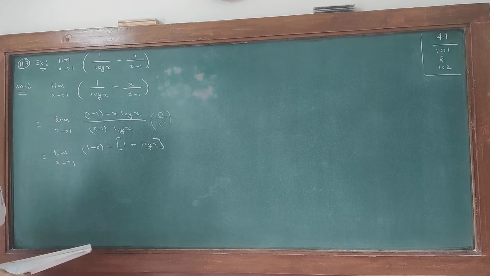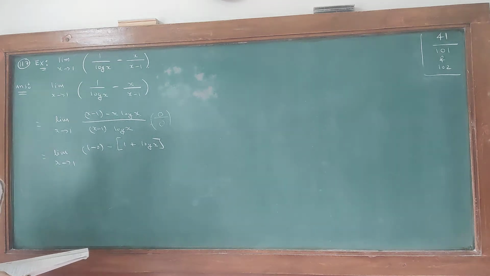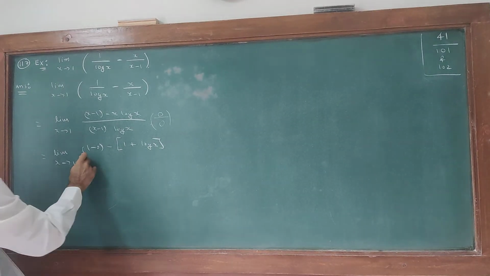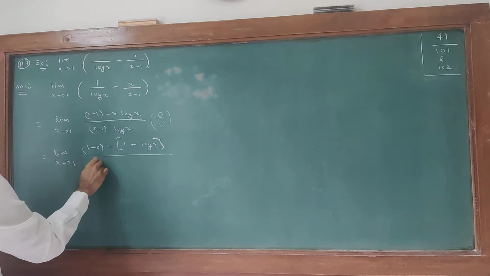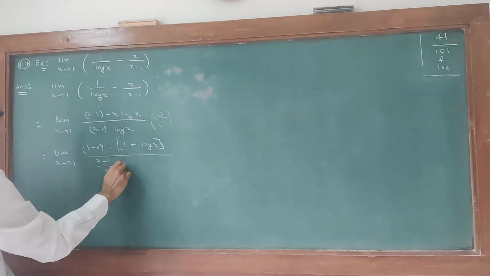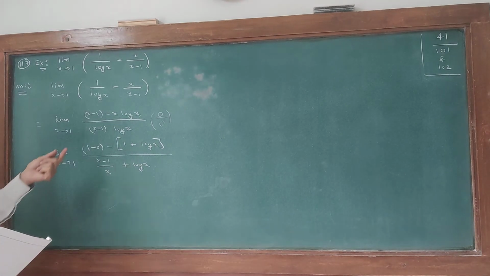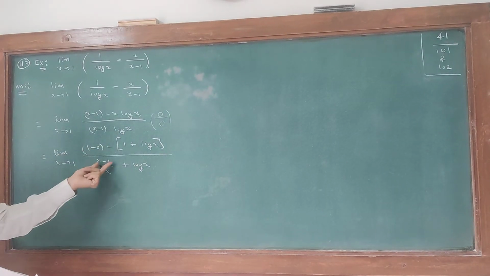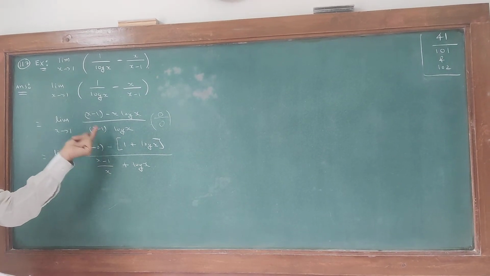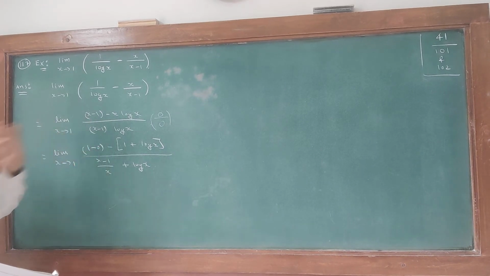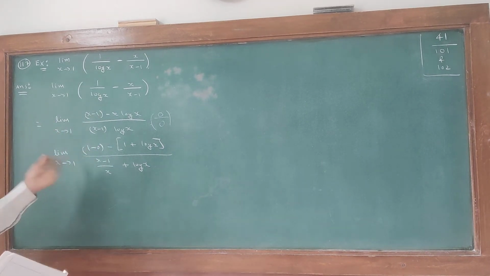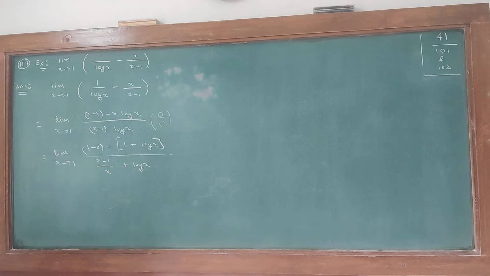So we applied the rule of differentiation by multiplication. Here it is x minus 1 upon x plus log x. The derivative of log x is 1 upon x, and that of x minus 1 is 1, because 1 minus 0. So we have this. See that.